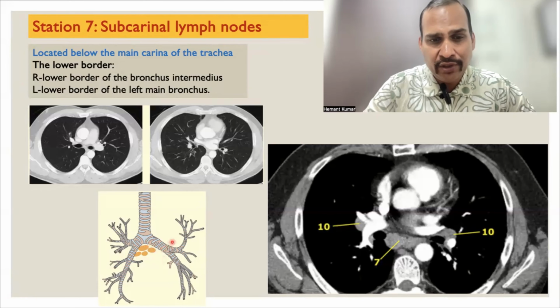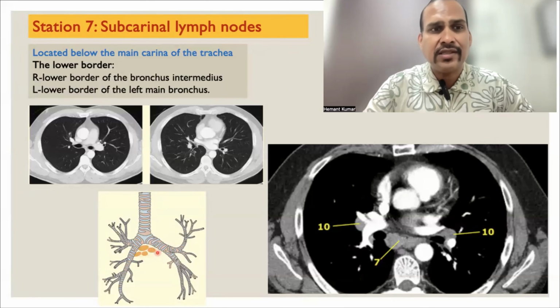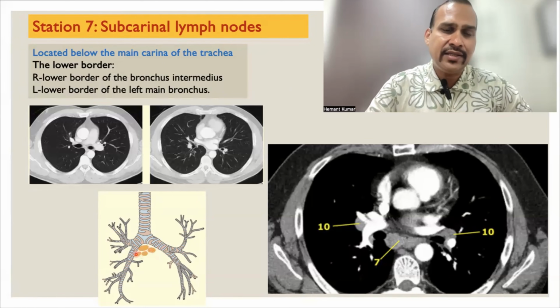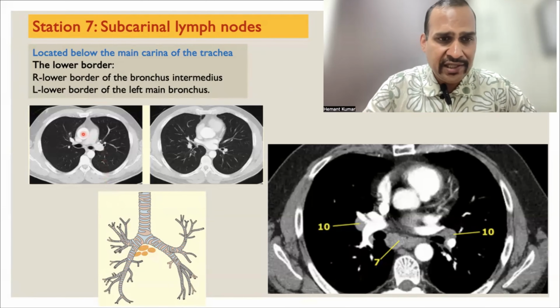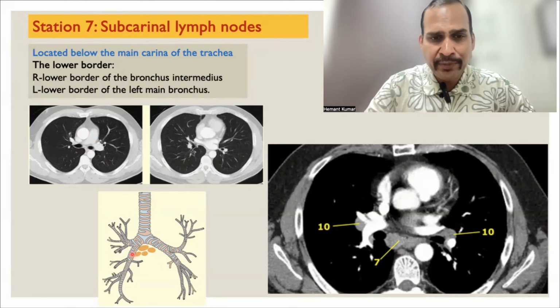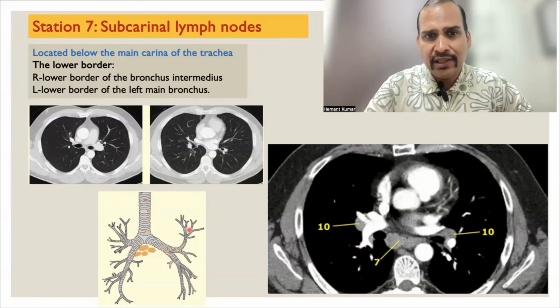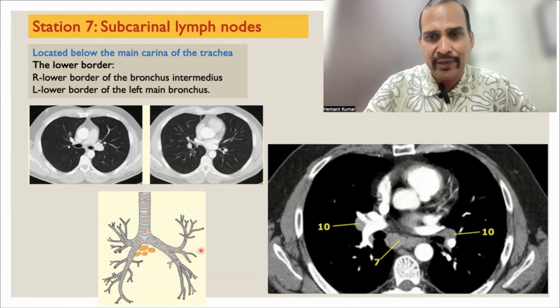This is the left main bronchus. This is the lower border of the left main bronchus. So up to here the station is 7, right and left side. So it extends from the carina to the lower border of the bronchus intermedius, and on the left side the lower border of the left main bronchus.